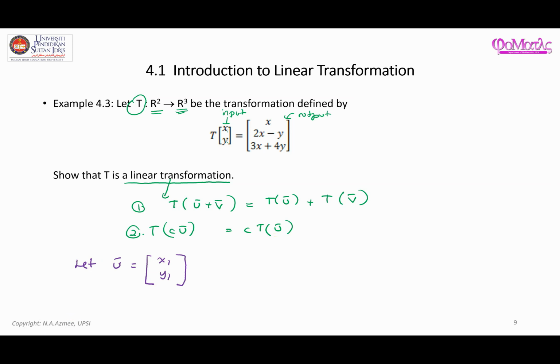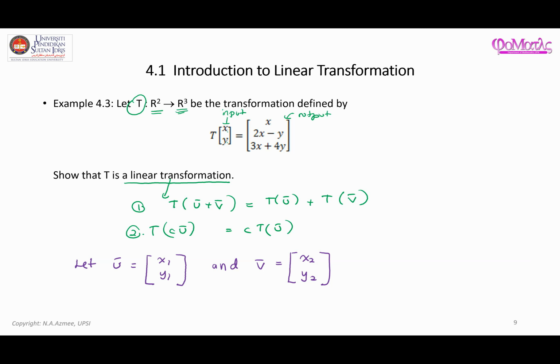Here we have x and y, and therefore for this one I'm going to follow exactly like x and y, but with something slightly different, so I just use x1 and y1. And I can call vector v equal to x2, y2. So there are different items here. This is x1, this is x2. So this is like the rule given.